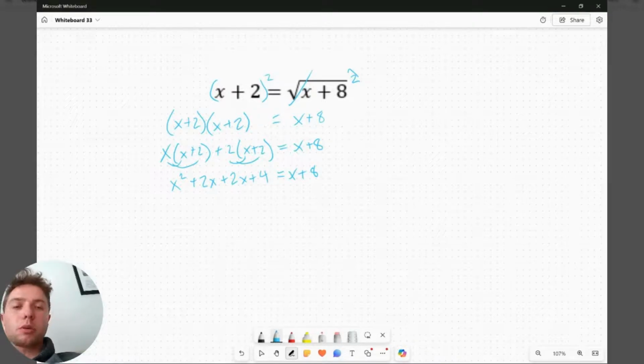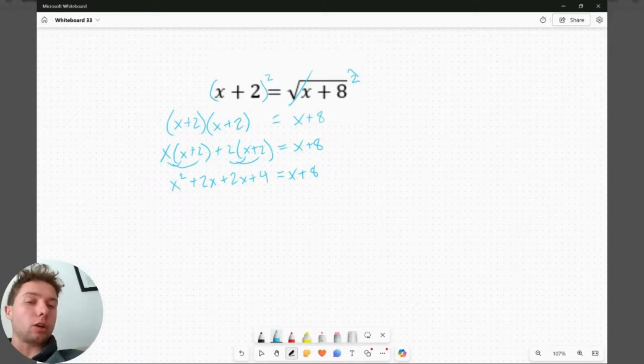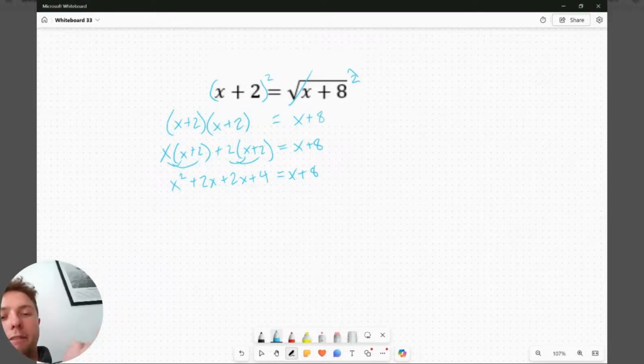Whenever you have multiple variables, and those variables have differing degrees, differing exponents, differing powers, what that means is you need to get everything to one side of the equation. Because you can't just isolate your variable anymore. Instead, you have to go about it by factoring.